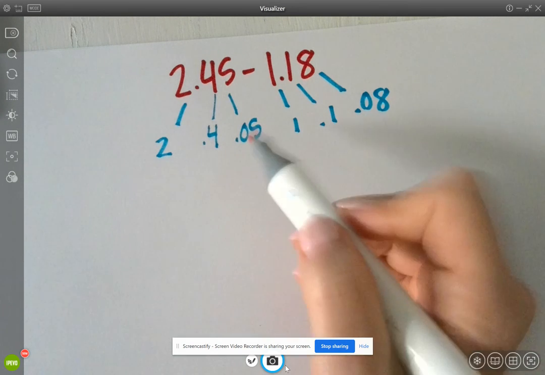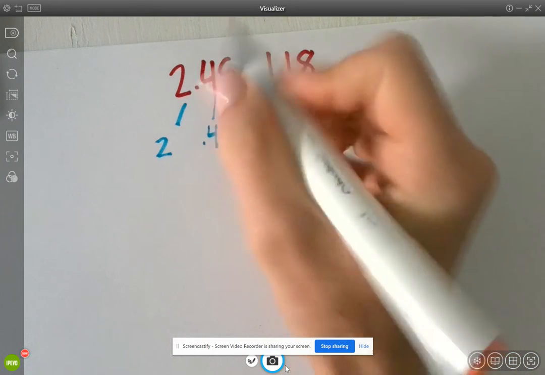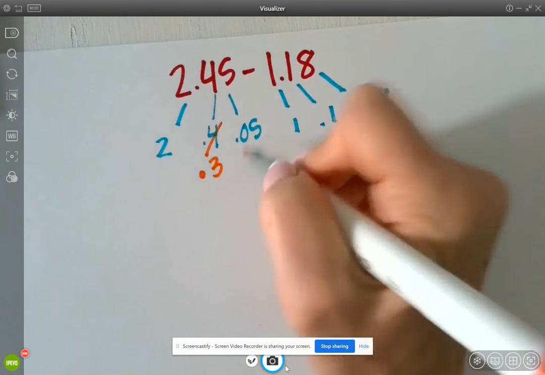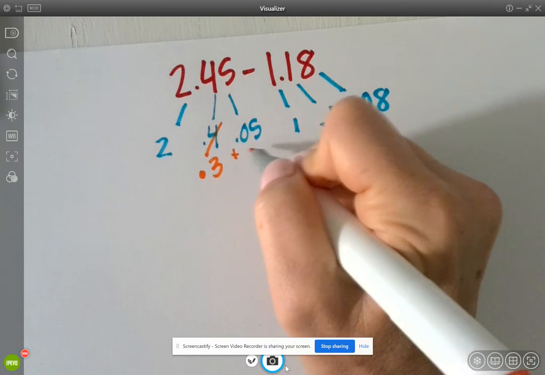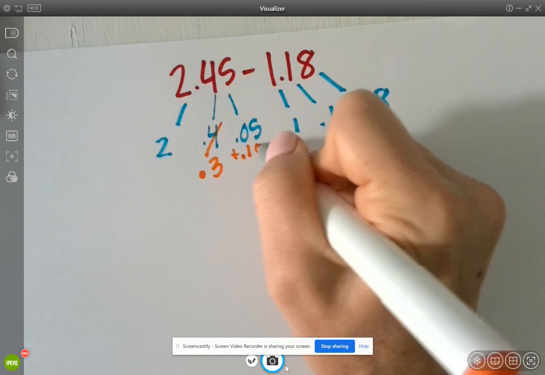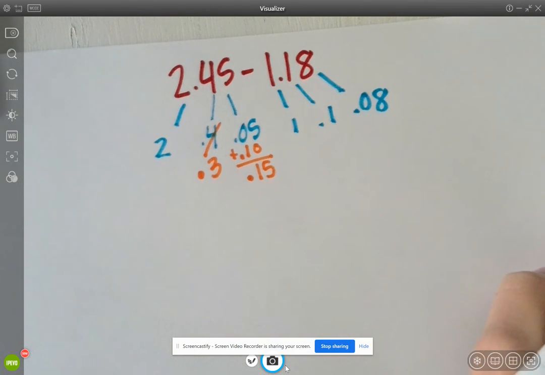And I can see that 5 cannot take away 8, so I have to borrow from this 4. So I'm going to change the 4 to a 3 tenths, and I'm going to add this 1 tenth over here, which gives me 15 hundredths, okay?